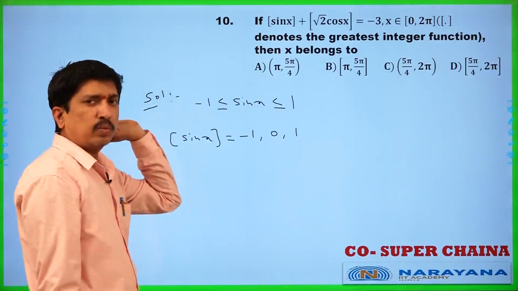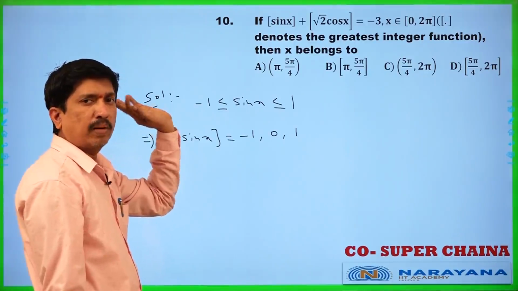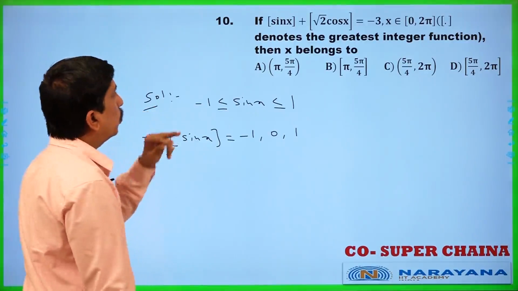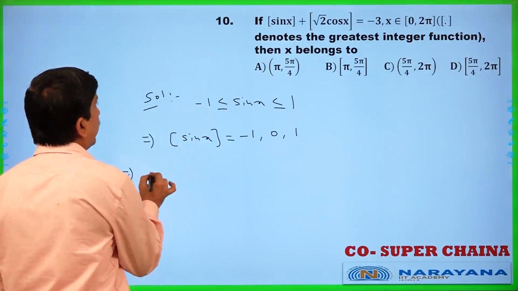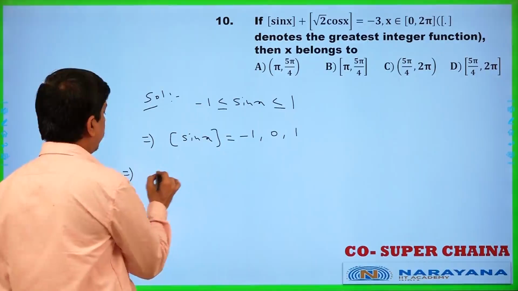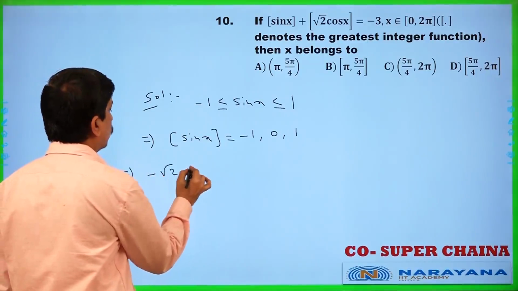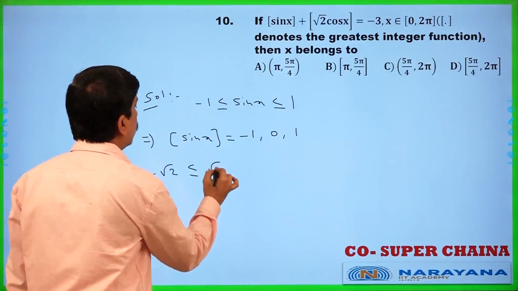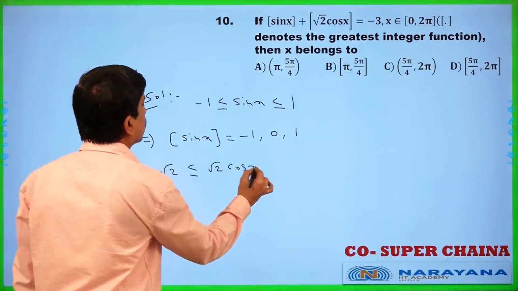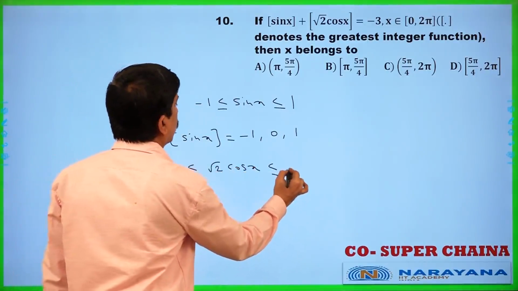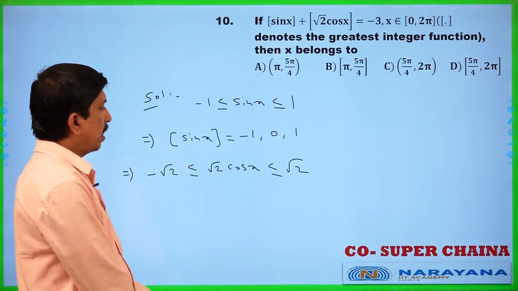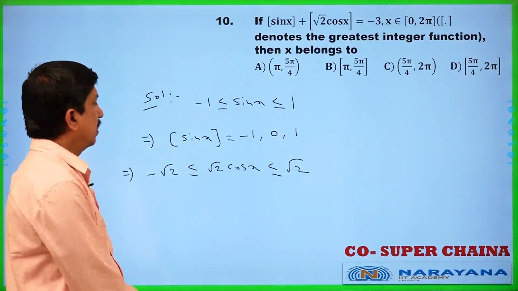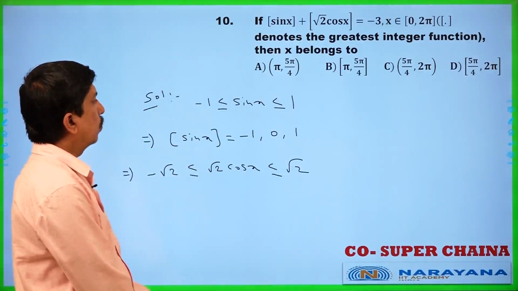Cos x range is also minus 1 to plus 1. Now, root 2 cos x. Multiplying with root 2, minus root 2 is less than or equal to root 2 cos x is less than or equal to root 2 only.